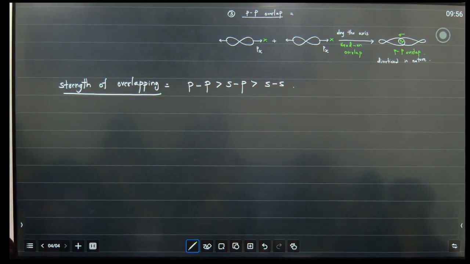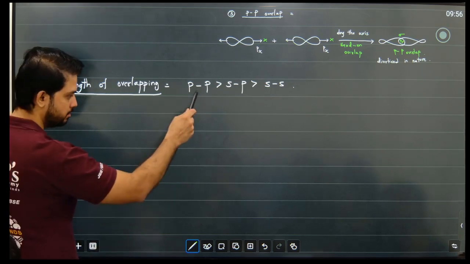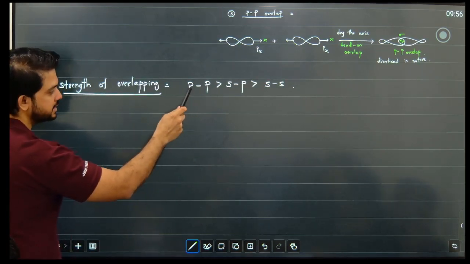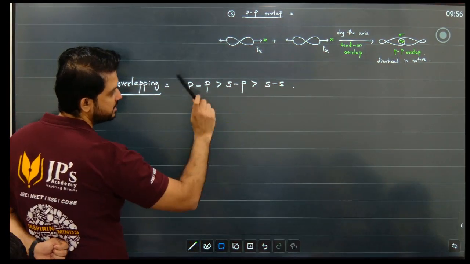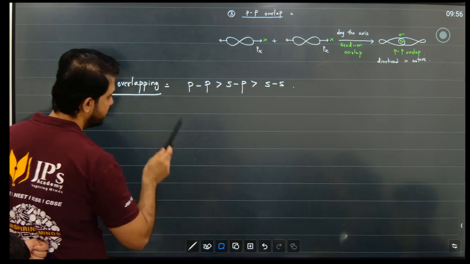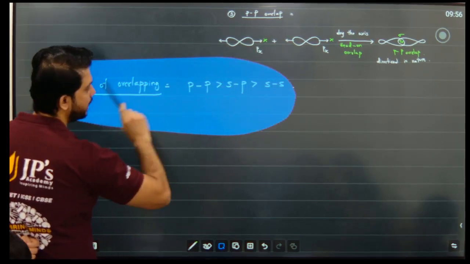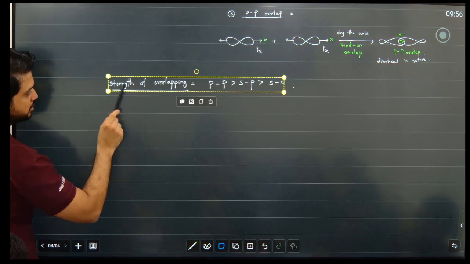This is the strength of the overlapping. Why? Because most directional, maximum amount of overlapping, and hence maximum strength. यहाँ पे this is non-directional, and hence smaller the amount of overlap, and hence weaker the bond.